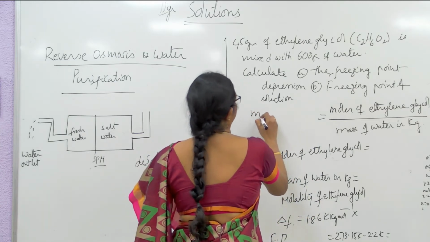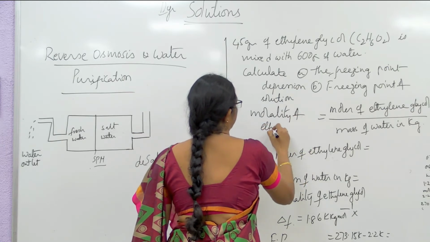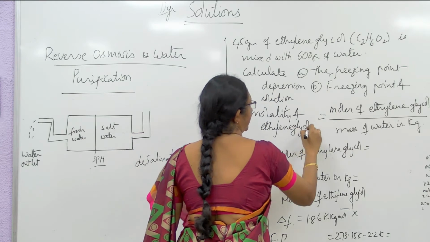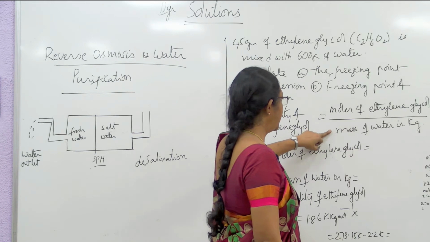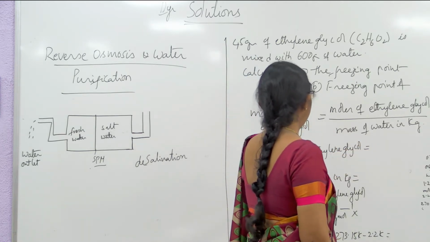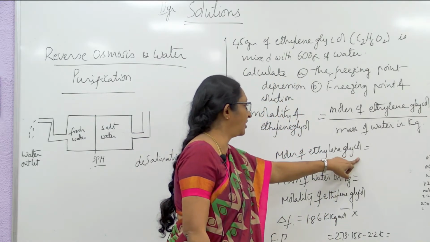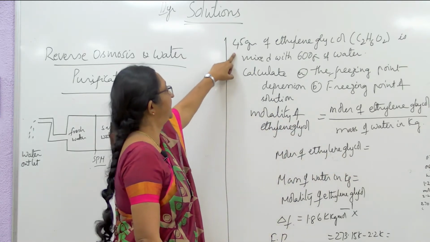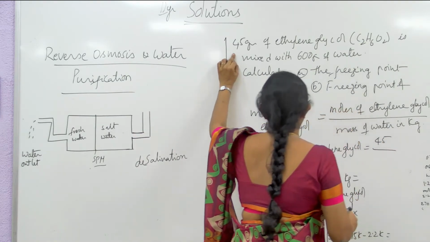So the molality of ethylene glycol is equal to moles of ethylene glycol divided by mass of water in kg. How to find the number of moles of ethylene glycol? That is weight by molecular weight. What is the weight of ethylene glycol given? It is 45.